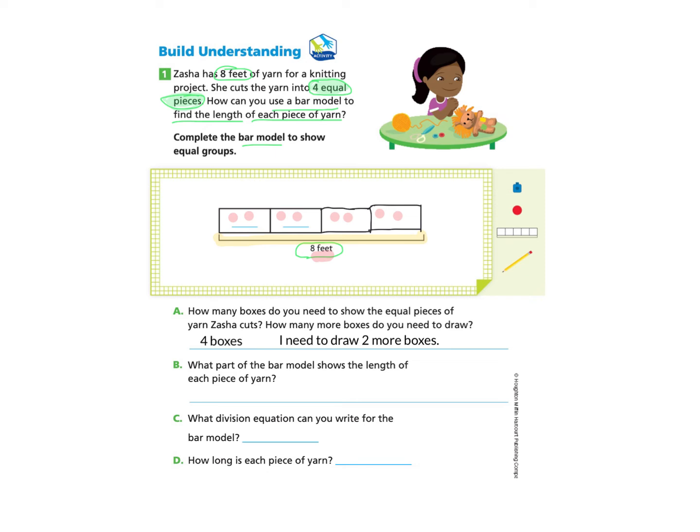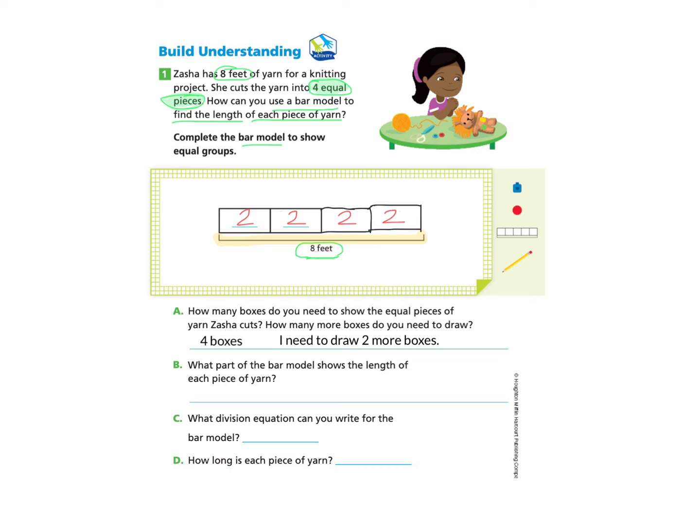So I can replace my drawing with a number. So I'll go ahead and write those in, 2, 2, 2, and 2, which represents the 2 feet of yarn that allows Sasha to have 4 equal pieces using all of the 8 feet.